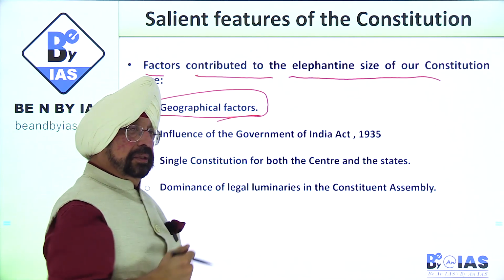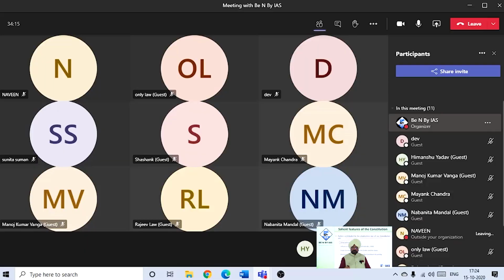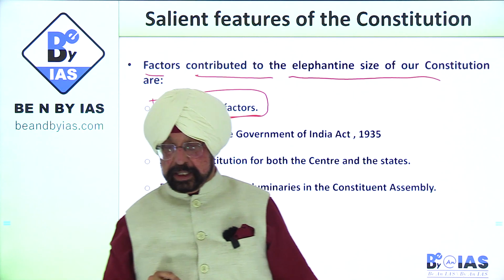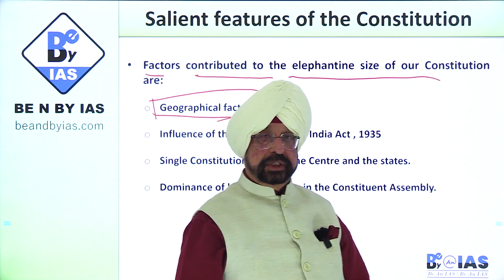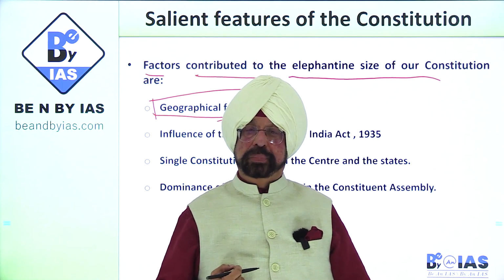Now, as we discussed yesterday during the making of the Constitution, a large portion of the present-day Constitution was enacted and adopted in 1949 and then came into force on 26 January 1950.